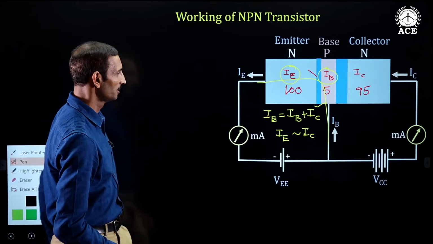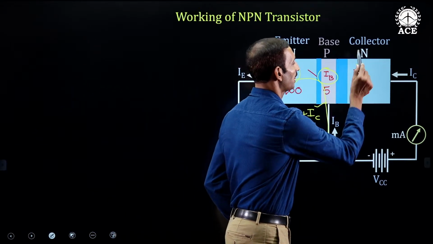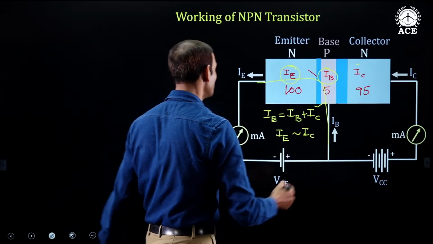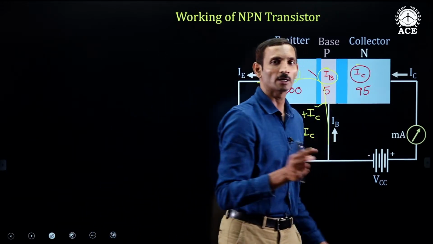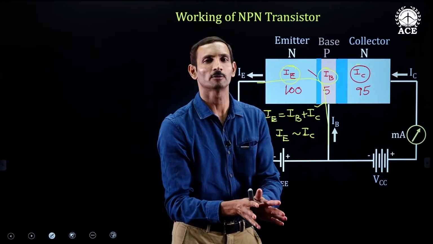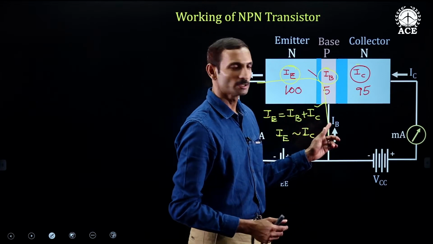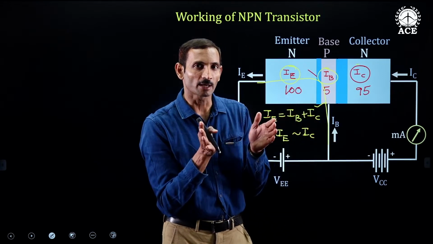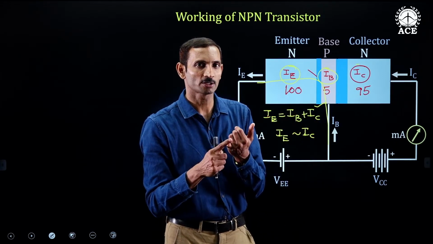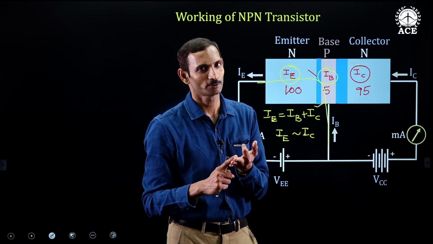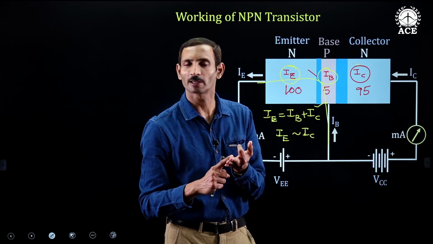Similarly, in the reverse bias region you have collector current IC. We know under reverse bias the current should be very small, right? So if we compare currents, IE should be largest, IB should be second, and IC should be third, right? Should be, but that is not the case.